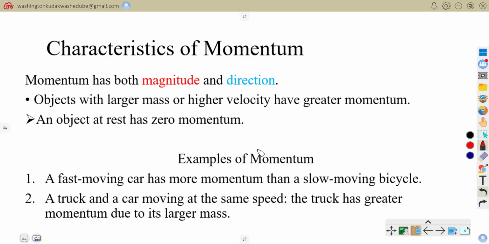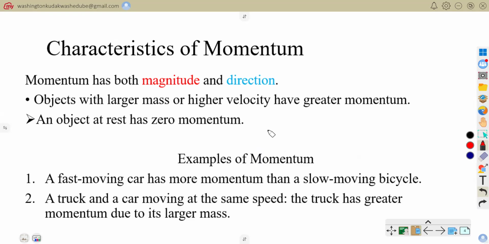Like, for example, a fast moving car and a slow moving bicycle, the fast moving car would have more momentum. And whenever we have a bigger truck and a smaller car moving at the same velocity or speed, the truck would have a greater momentum than the car.